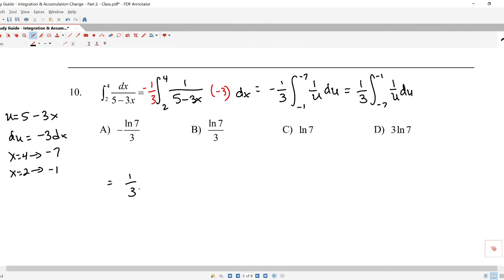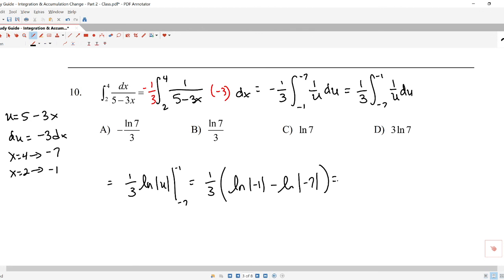The integral of 1 over u is the ln of the absolute value of u. This is where it becomes important to know that it's absolute value, because ln is not defined for negative numbers. So you can't put negative 7 into the ln. You'd have to take the absolute value. So I get 1/3 times the ln of the absolute value of negative 1 minus the ln of the absolute value of negative 7.